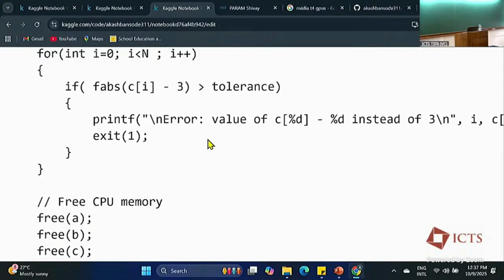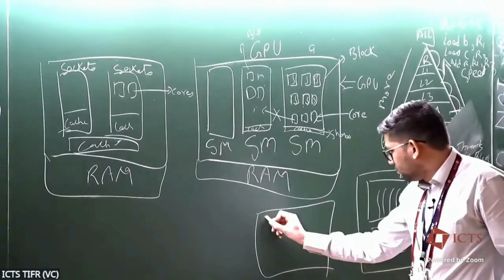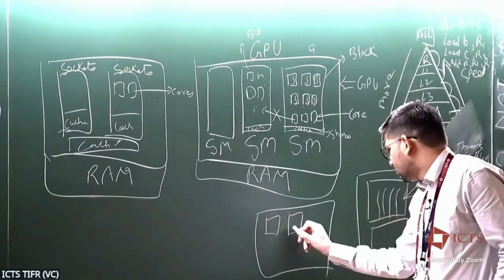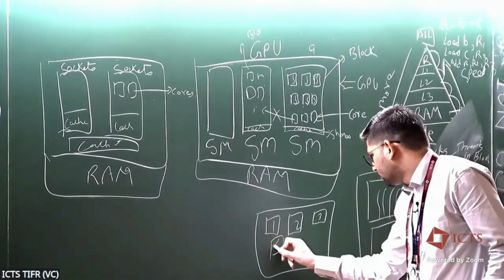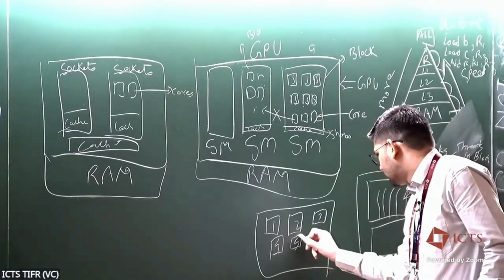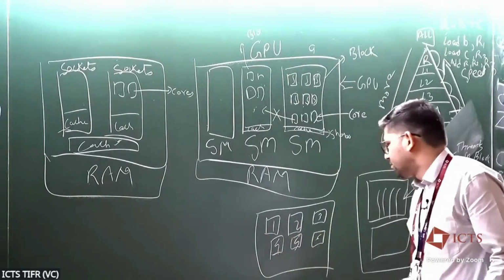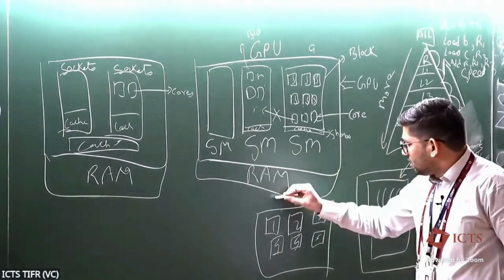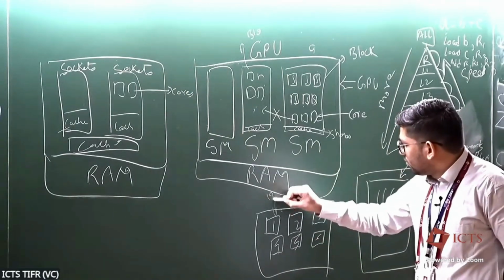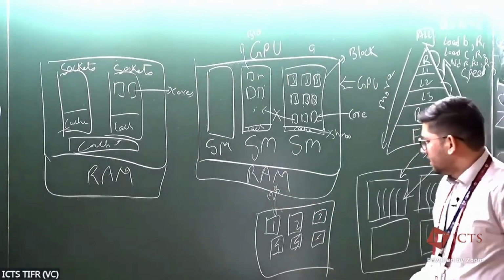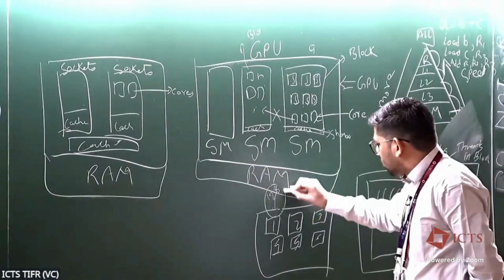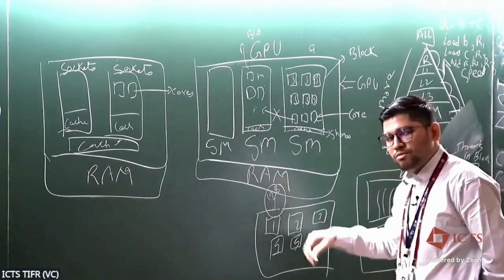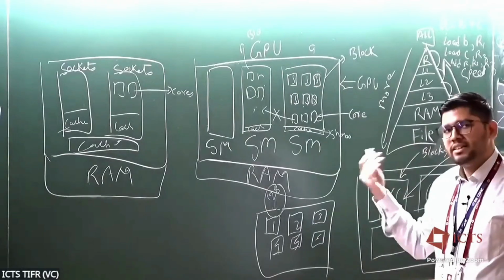Suppose this is your GPU and you have SMs: 1, 2, 3, 4, 5, 6. Suppose you have 6 SMs, and you have taken some number of threads, like 128, right? Accordingly, suppose you have assigned many thread blocks.